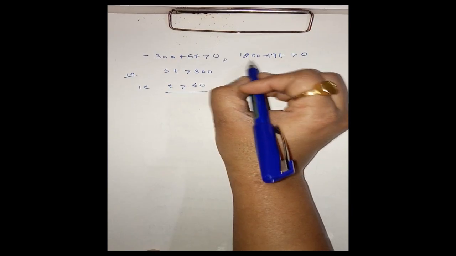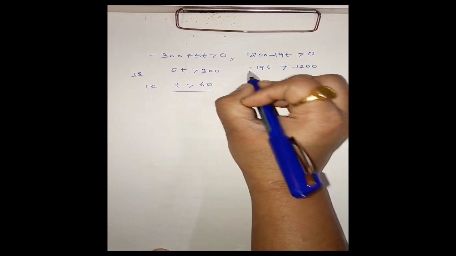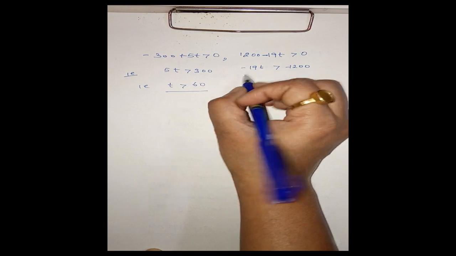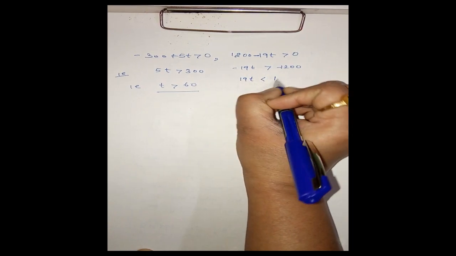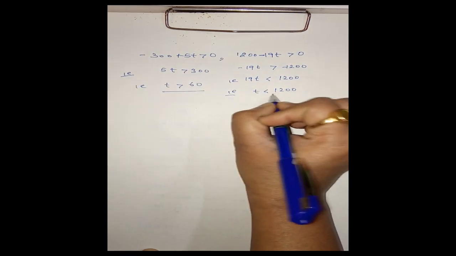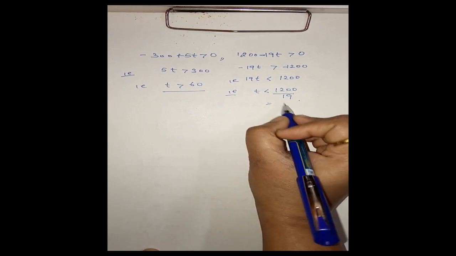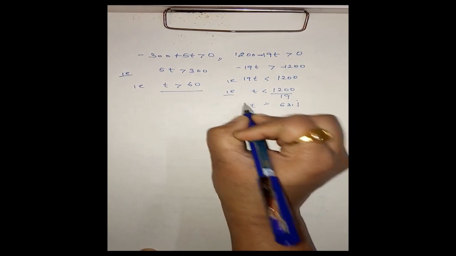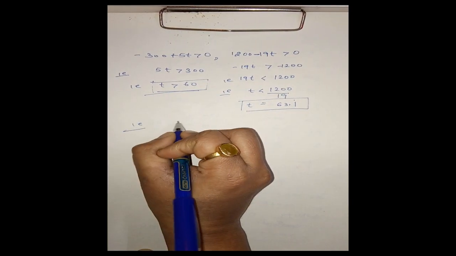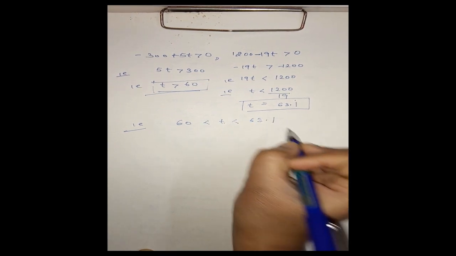This is first, and from here we get minus 19t is greater than minus 1200. On multiplying with minus sign both sides, the inequality gets reversed, that is 19t is less than 1200, that is t is less than 1200 by 19. Clear? That is somewhere equal to 63.1. Okay, that is t lies between 60 and 63.1.